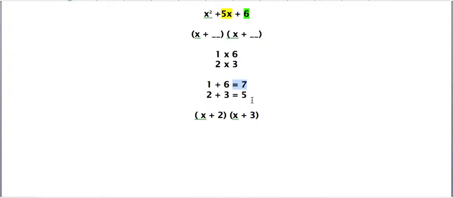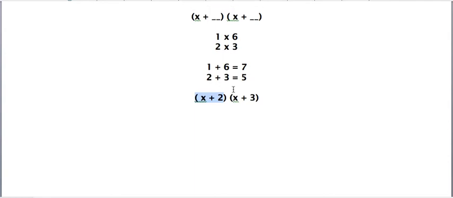So that means our two missing numbers are going to be 2 and 3, because 2 times 3 is 6, and 2 plus 3 is 5. And so we just plug them in, and we end up getting (x plus 2)(x plus 3). That's basically how you factorize a trinomial.